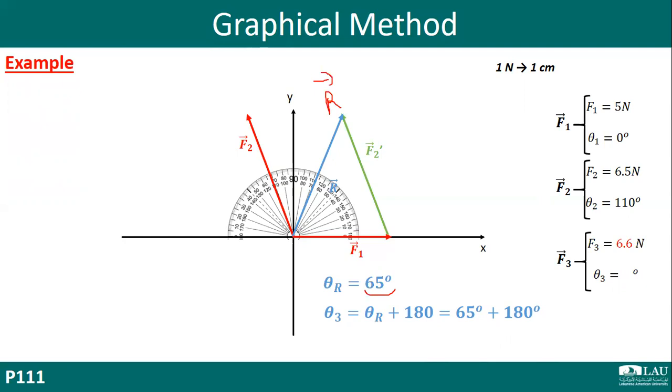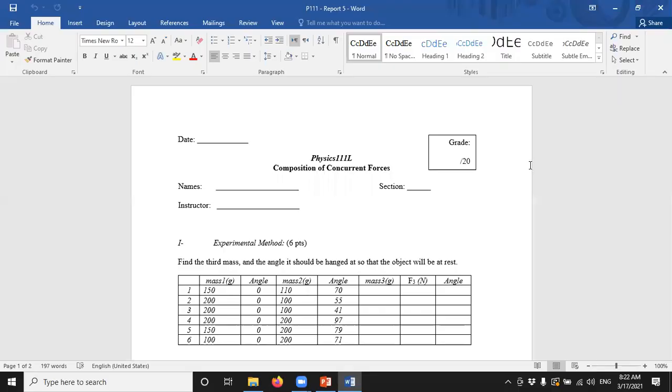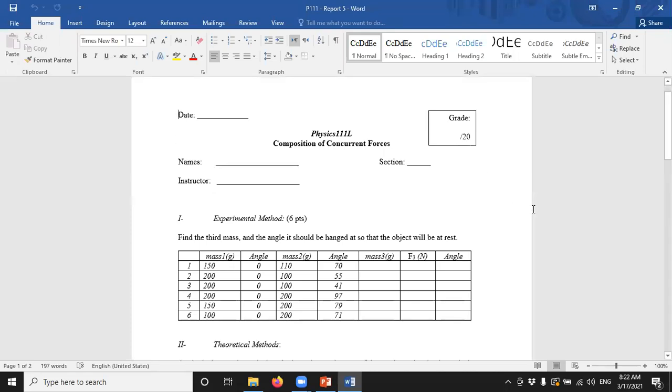I'm going to send a data sheet. In this data sheet, you have a table with the mass and the angle of F1, the mass and the angle of F2, and the mass and the angle of F3. The first table is the graphical one. Here's your lab report.